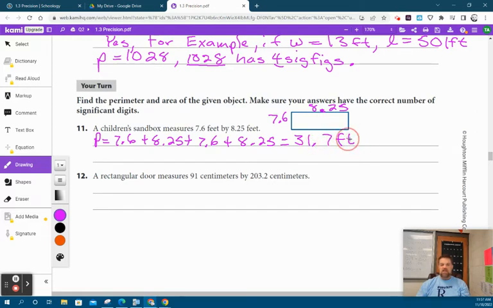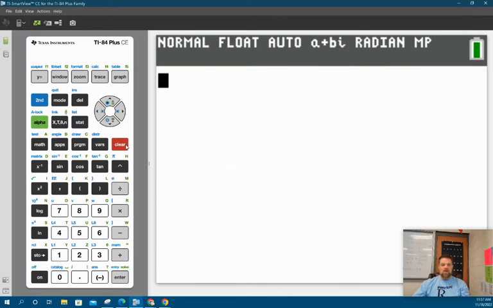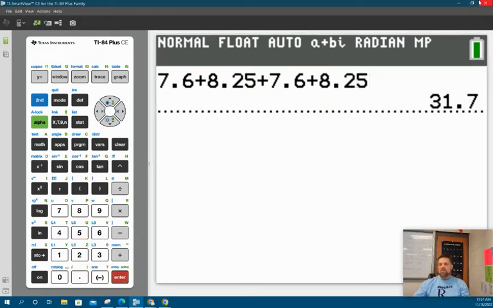If I do that on a calculator, okay, well, let me show you. So we're just going to add it up. On the calculator, I'm going to say 7.6 plus 8.25 plus 7.6 plus 8.25, and it just equals 31.7.